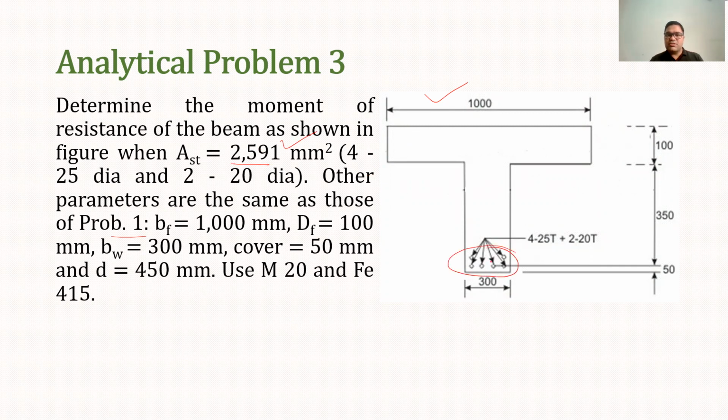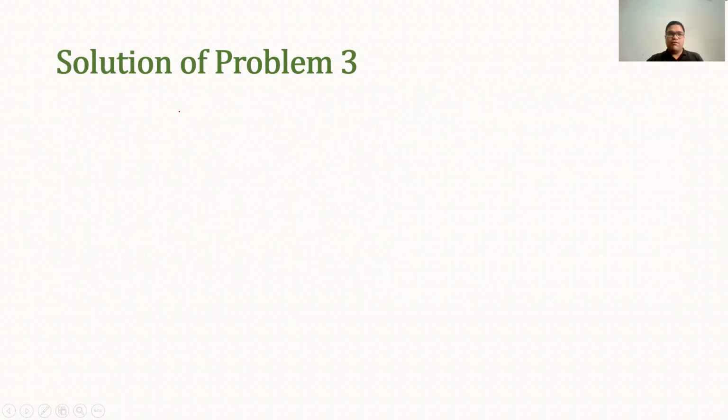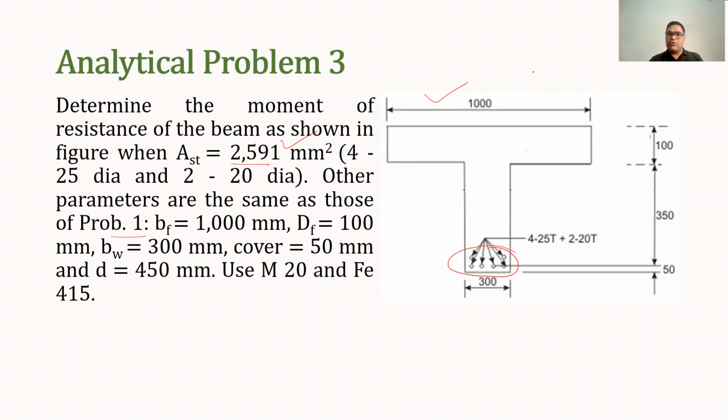So when we change this area of steel, what will be the moment of resistance of this flanged beam? That is what we are required to determine. Now we will follow the same steps that we followed in the first problem, because in this third problem, we don't know whether our section is an underreinforced, overreinforced or balanced section.